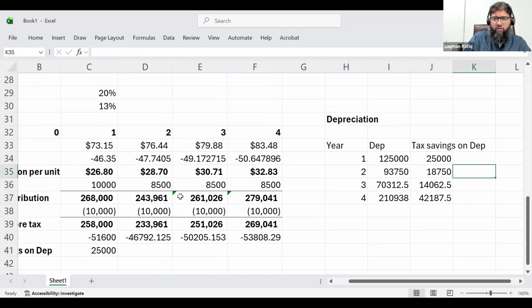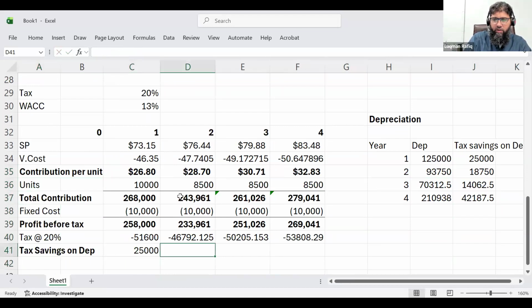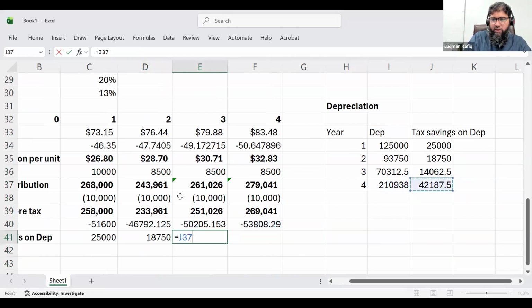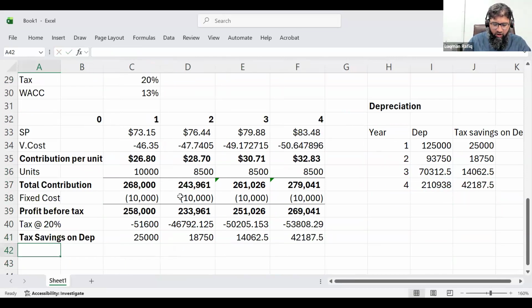So the tax savings on depreciation is going to be 25,000, then 18,750, then 14,062.5, and this. So tax savings on the depreciation is this.